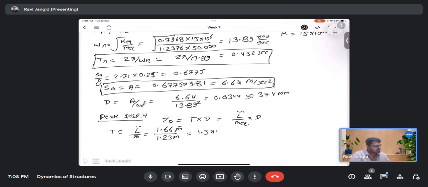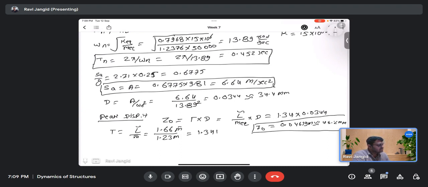So your z naught becomes 1.34 into d, 0.0344, so that becomes 0.04619 meter, or we can write it as 46.2 mm. So this is our z naught, that is the peak displacement.